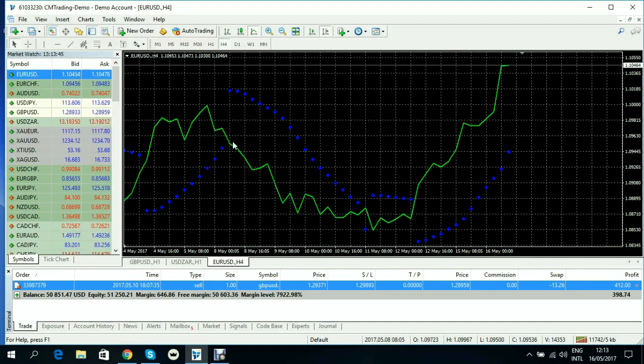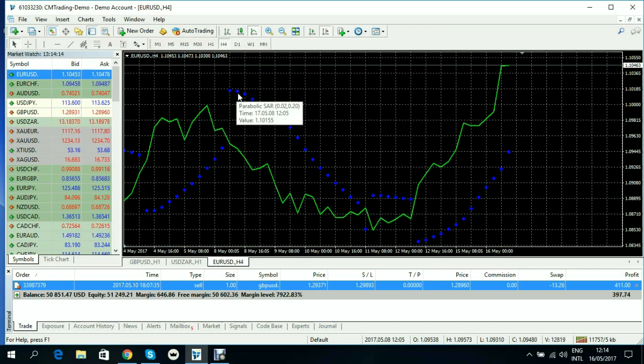Let's say if we had entered a sell from here to somewhere here, when it reversed, we would have made a lot of profit. So the entry point for a sell is when the first dot appears.